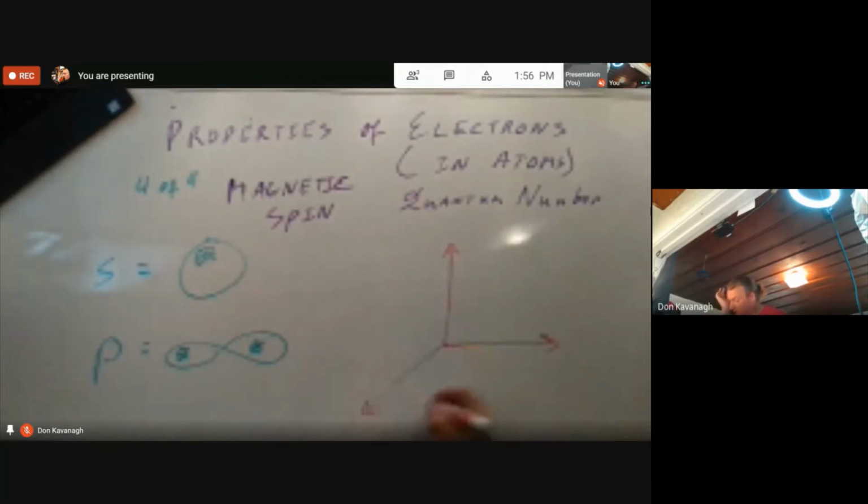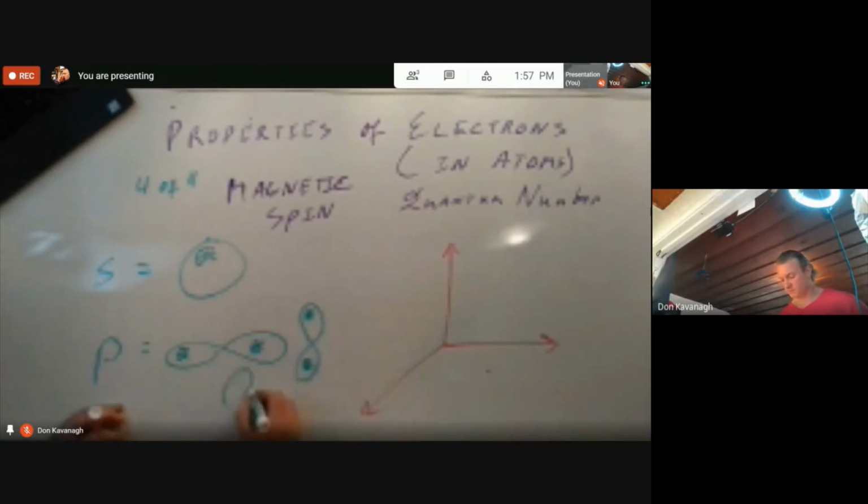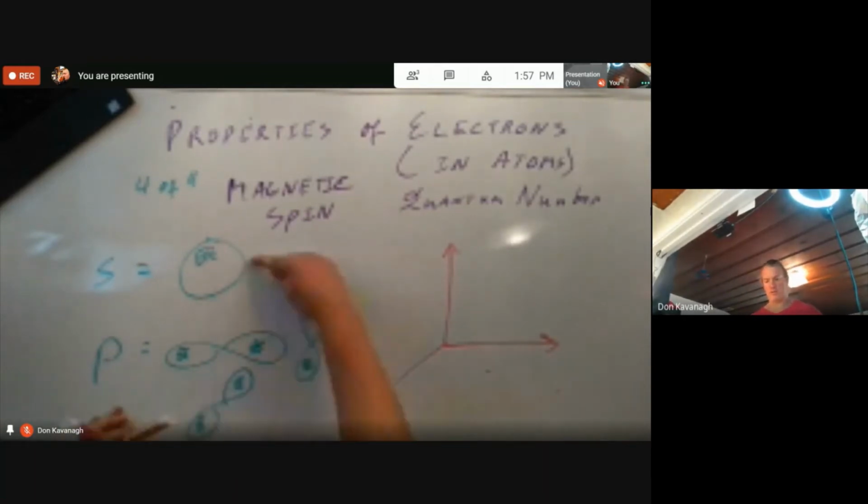Now, something that's very helpful if you commit it to memory now rather than later is the number of electrons that can fit in an orbital, and that is two. There can be less, but there can never be more. In this s orbital here, the max electrons that can fit are 2.